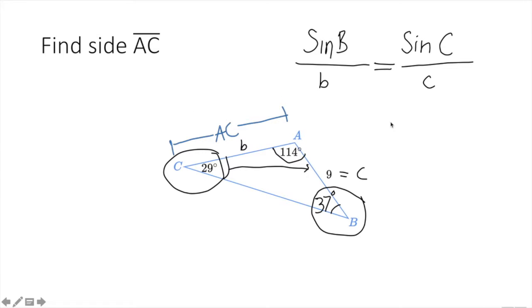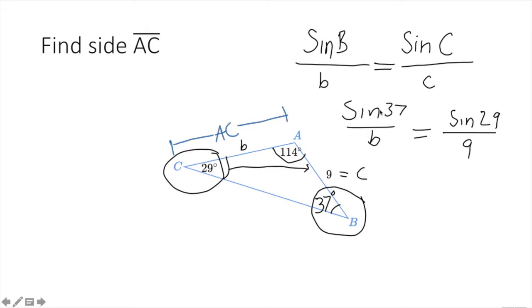That means sine 37 divided by what we're looking for, b, equals sine 29 over what we're given, side c, which is 9.